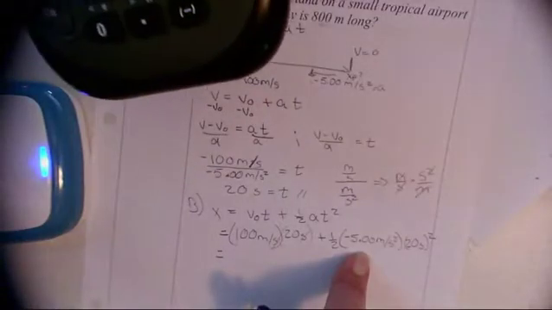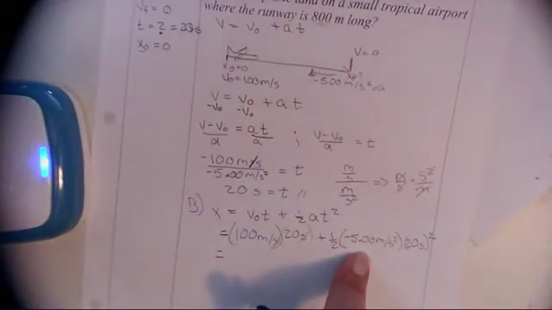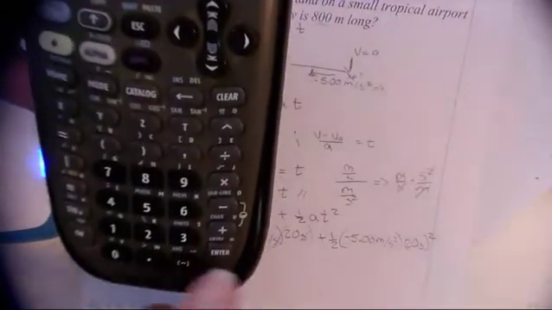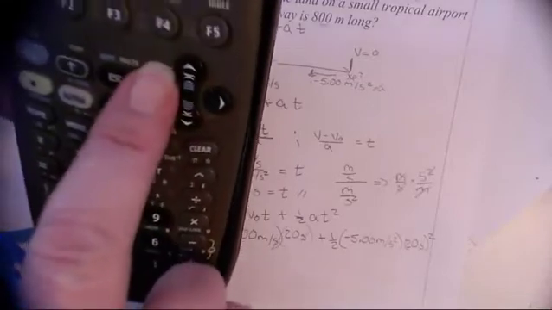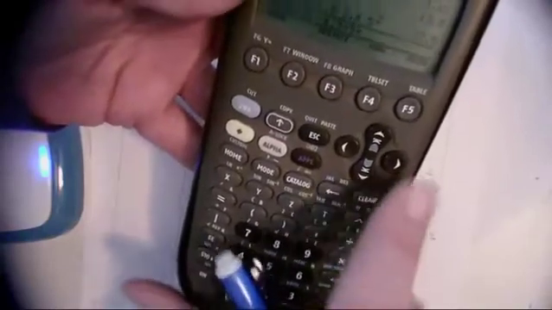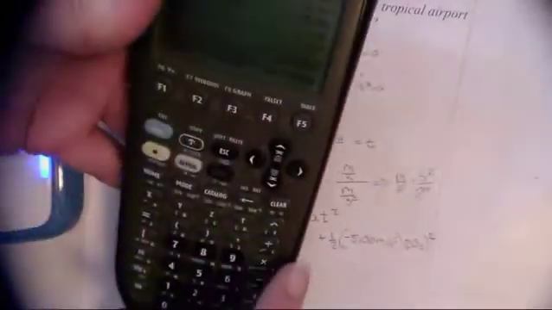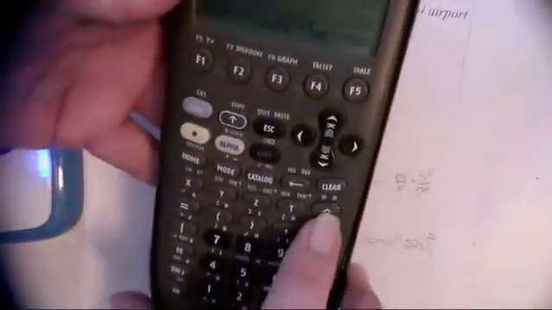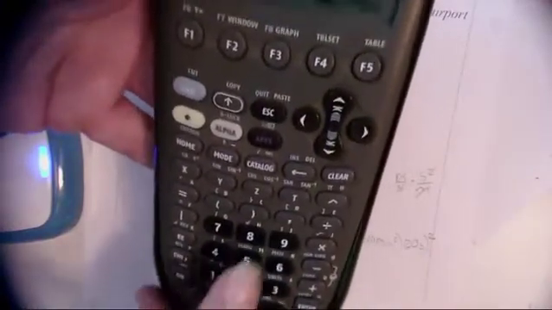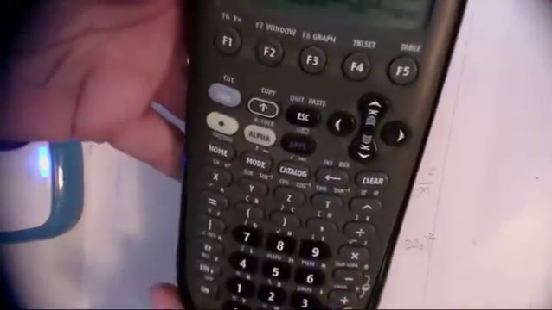Times negative 5. For me, I have a negative symbol here. I prefer not to use it and just put it in after. Actually, we need to come back here. I'm going to use my backspace and make this a subtraction, because that negative 5 is going to make this whole piece negative. So times 5 times 20, that little up arrow, squared. Close my parentheses and hit enter.